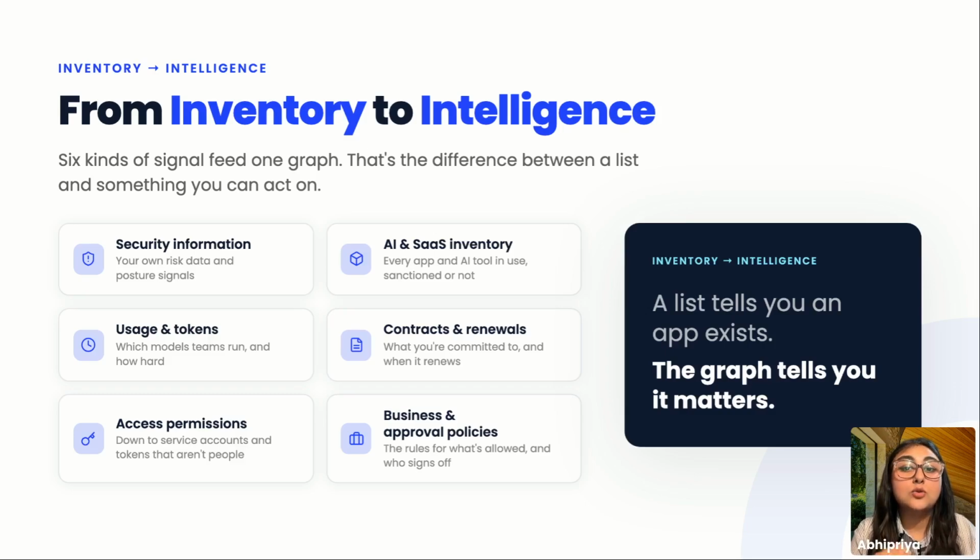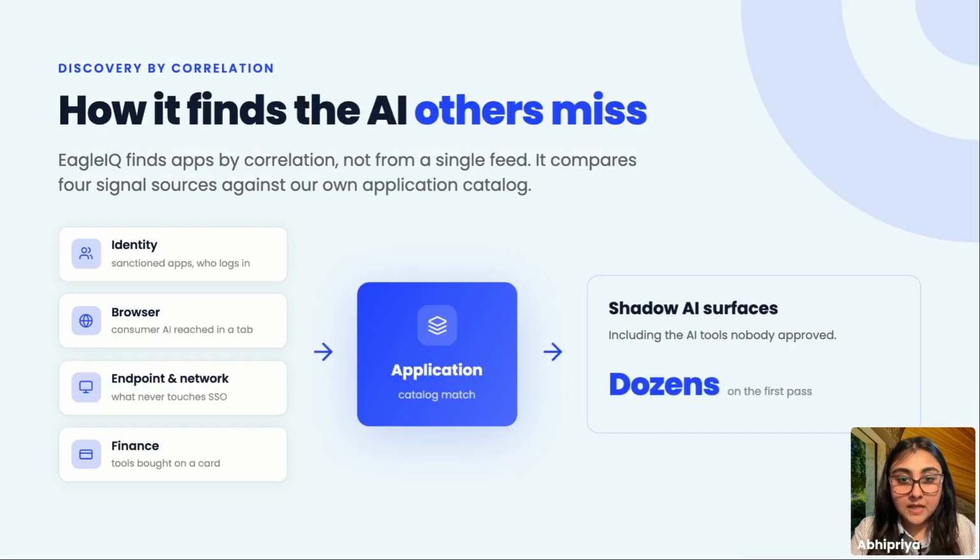It does not tell you who owns it or who can reach it, what it costs, or whether it's a risk at all. Here, all six of those signals land on one record per app, so you can see all of it at once. And I think that's the difference between knowing an app exists and knowing whether it actually matters or not.